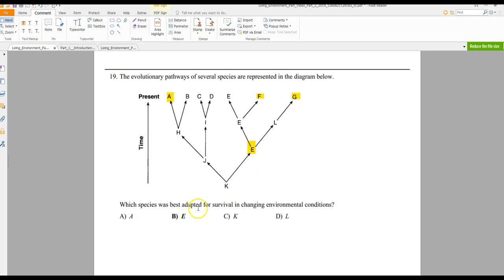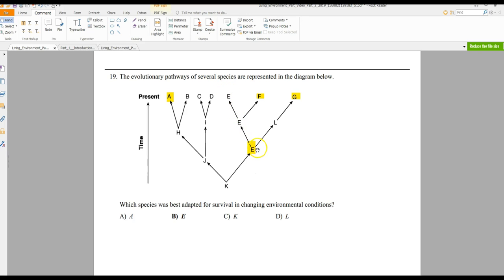But let's answer the question. Which species was best adapted for survival in changing environmental conditions? This is different. This is saying which one survived over many, many years. Well, let's see. E survived many, many years because E was back in the day, time passed, it didn't even evolve, it stayed species E, and now it's in the present time.